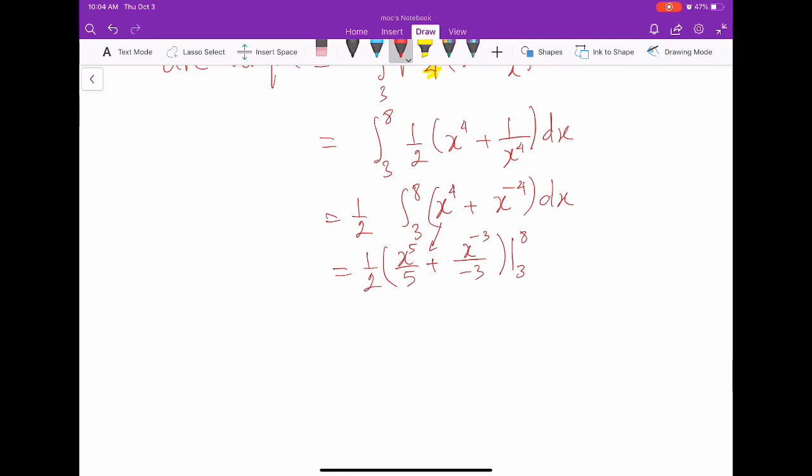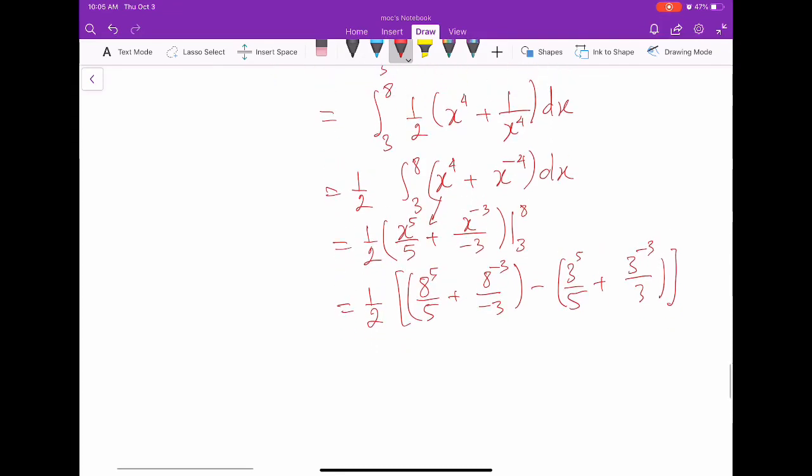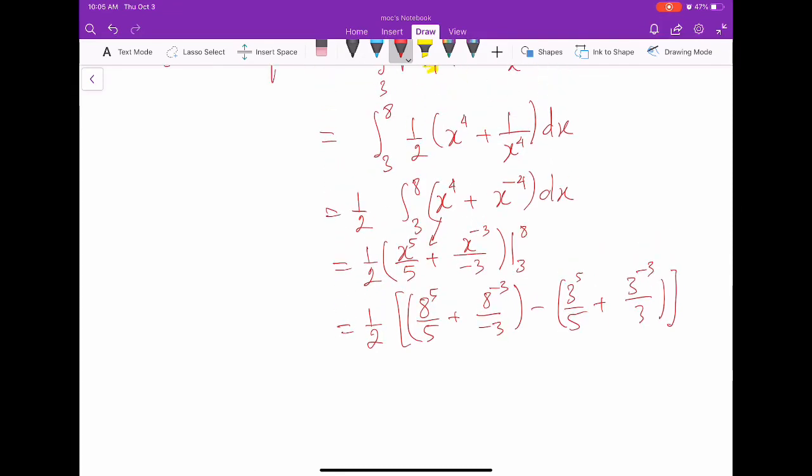And now your job is just to plug 8 and 3 into this function. So you get 1/2 times 8 to the 5th over 5 plus 8 to the -3 over -3, and then minus 3 to the 5th over 5 plus 3 to the -3 over -3. You can use a calculator to find this number, but it's okay to leave it like this.